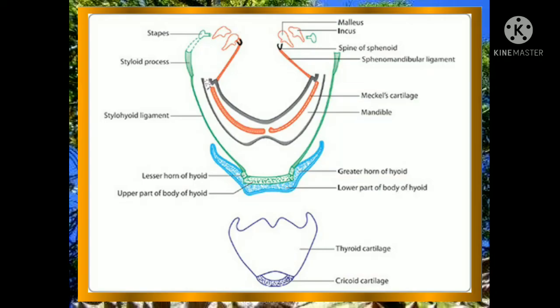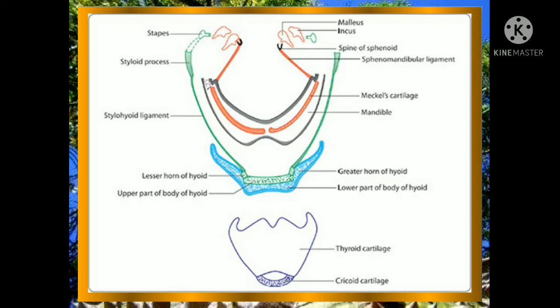From the second arch or the hyoid arch, which has another cartilage called Reichert's cartilage, the stapes, styloid process, stylohyoid ligament, lesser cornu of hyoid bone, and the upper half of hyoid bone develop.